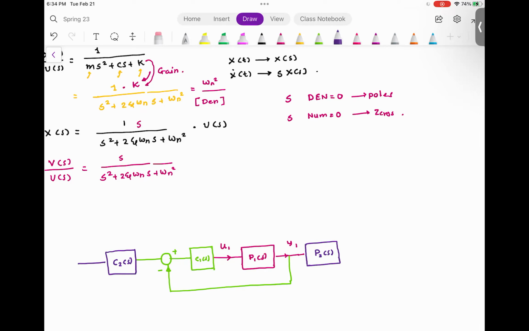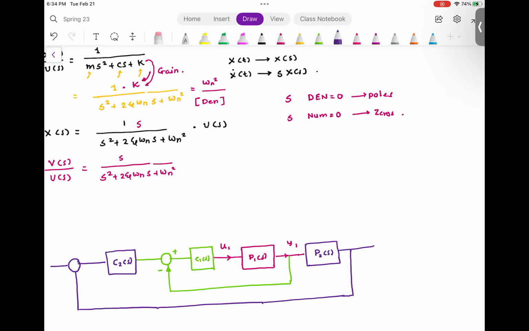Then repeat the same story. Add the summing junction, grab the feedback loop, and then do it. So what has happened?